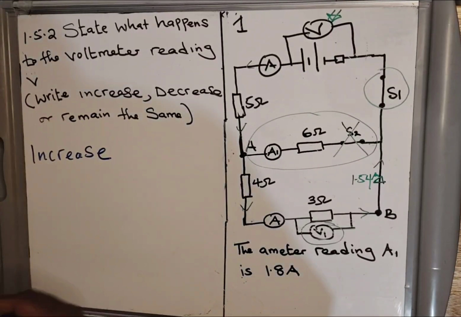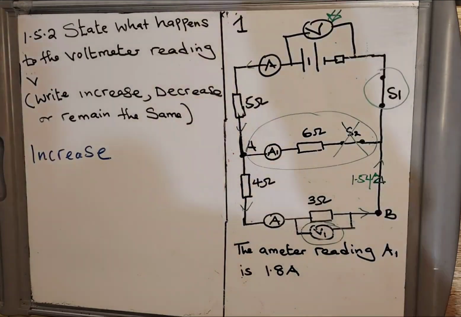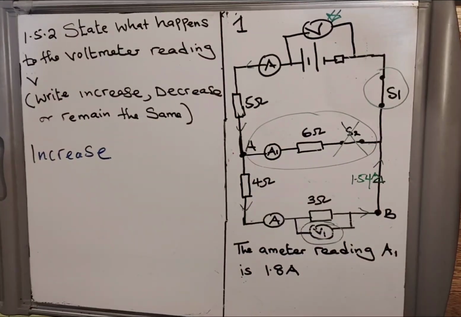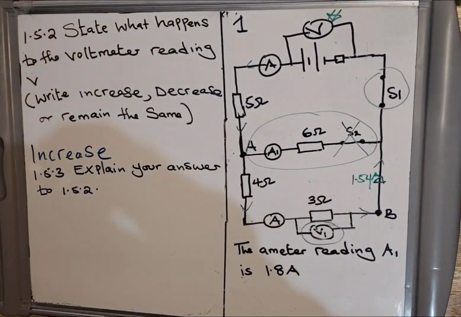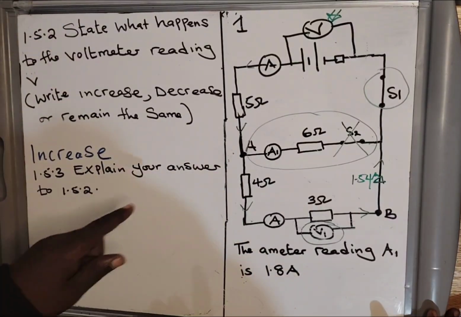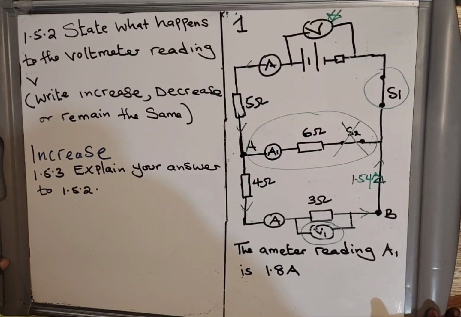And we are reserving the explanation to the next question because that's what it wants. So here is the question. It says, explain your answer to 1.52.